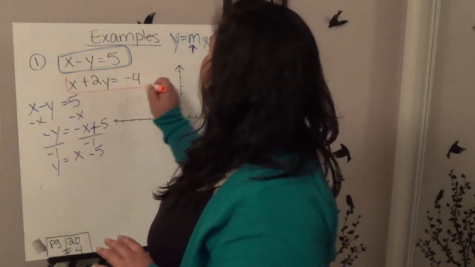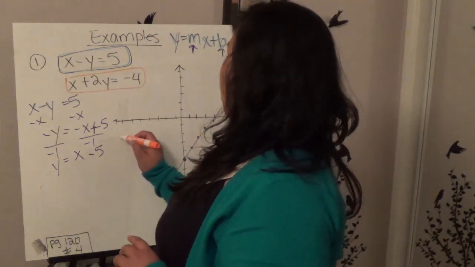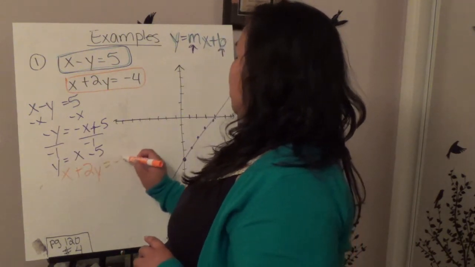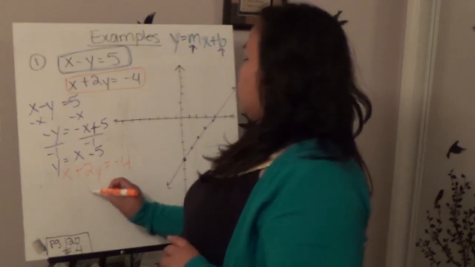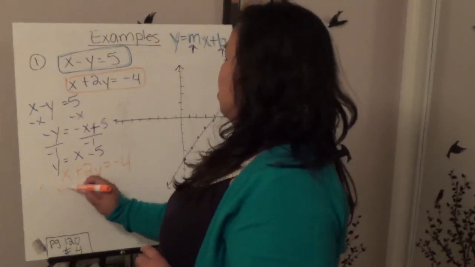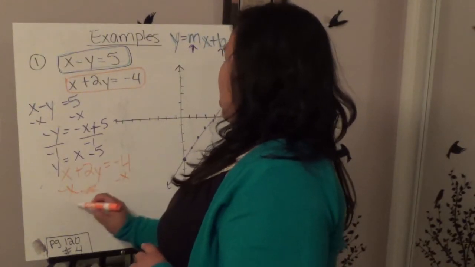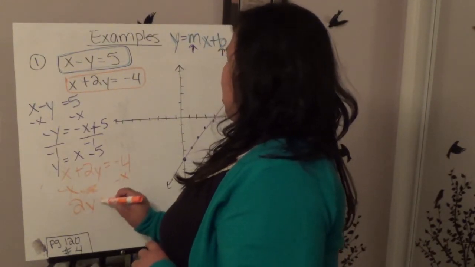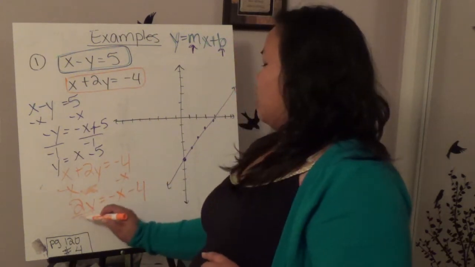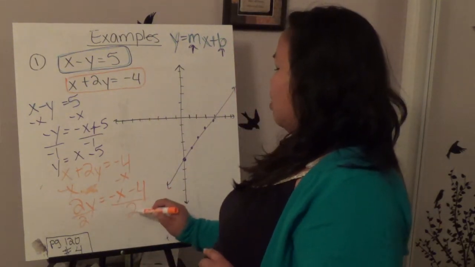This is x plus 2y equals negative 4. I'm going to subtract x from both sides. I end up with 2y equals negative x minus 4. Then I'm going to divide this by 2, and remember to divide each term.